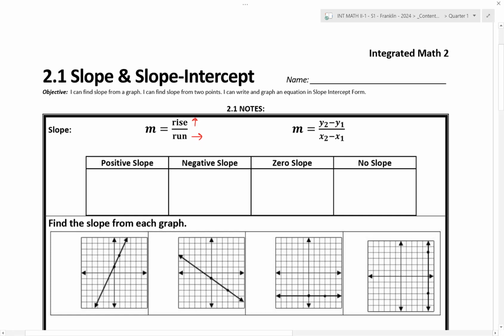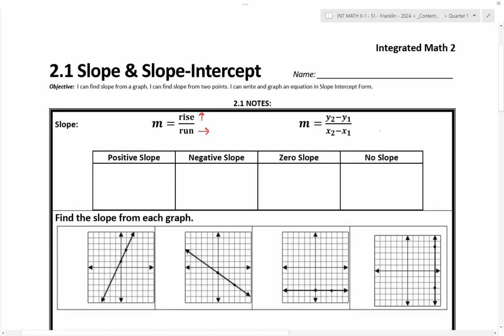It's essentially the difference in the y values, which is the change in y, over the difference in the x values, or the change in x. You'll also see this written potentially as delta y over delta x. Delta is a Greek letter, which usually symbolizes change in this instance. So change in y over change in x.